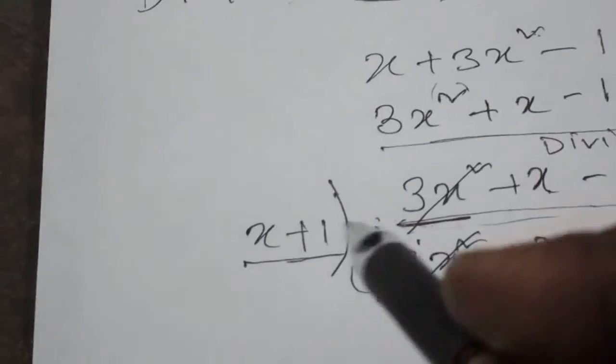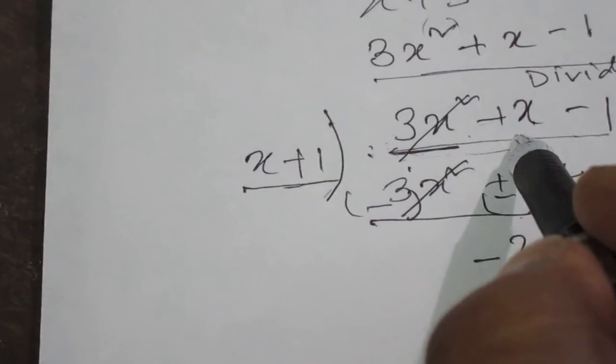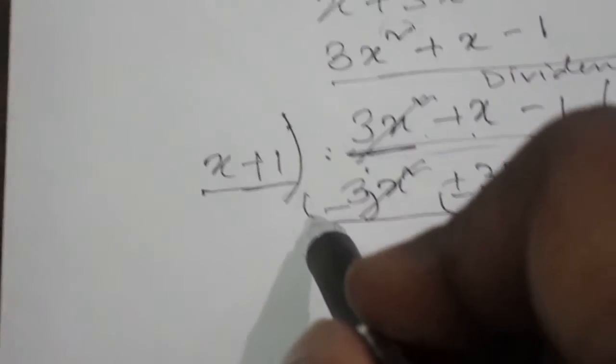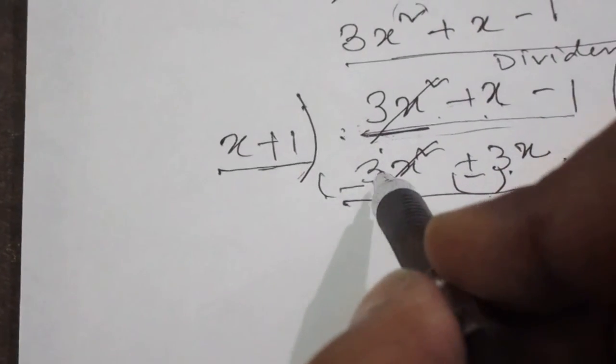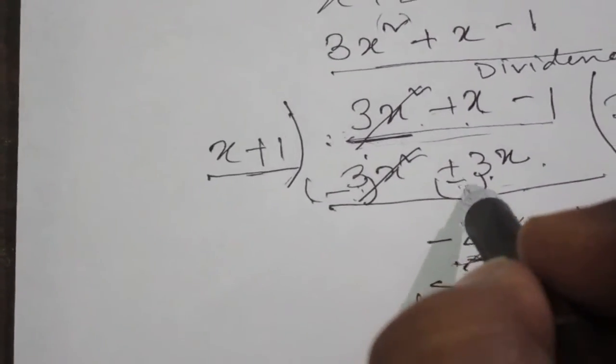In the earlier case also we had to subtract thrice x square plus thrice x, so there minus plus minus, and here also minus plus minus.